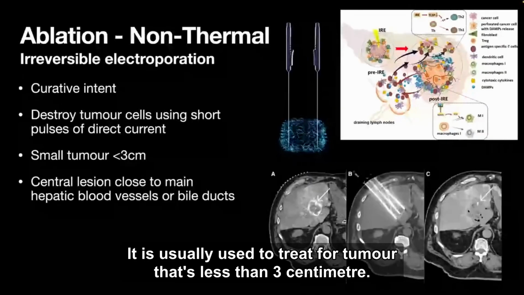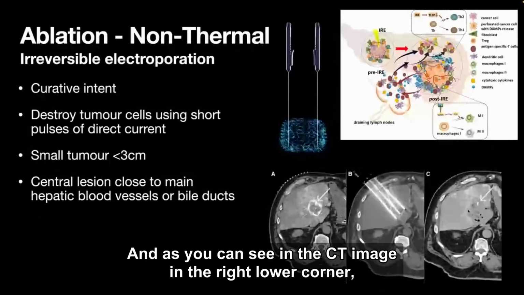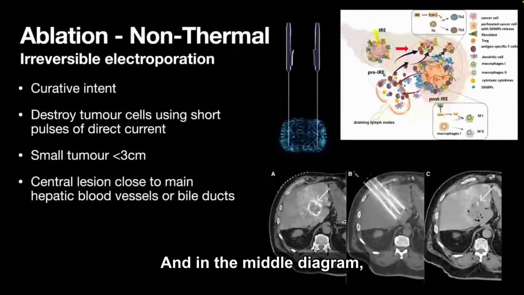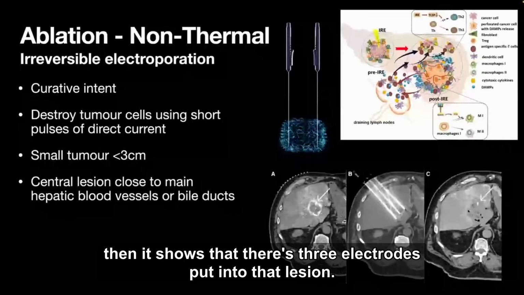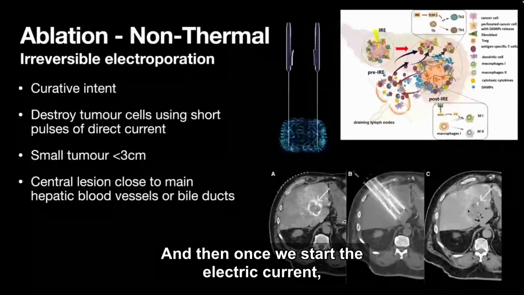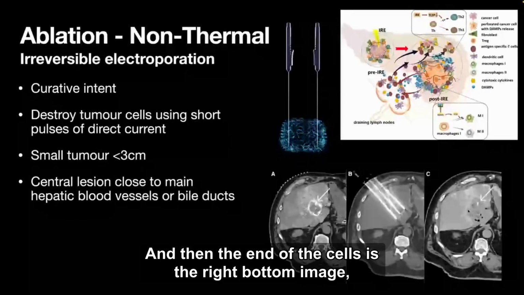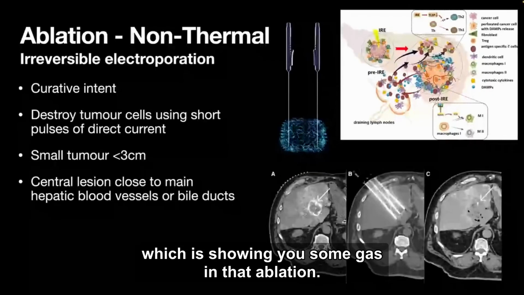It is usually used to treat tumors less than 3 centimeters, and you can see in the CT image in the right lower corner, it's showing you a ring enhancing lesion, and in the middle diagram it shows that there are three electrodes put into that lesion, and then once we start the electric current, it will start burning that lesion, and the result is the right bottom image, showing you some gas in that ablation zone.